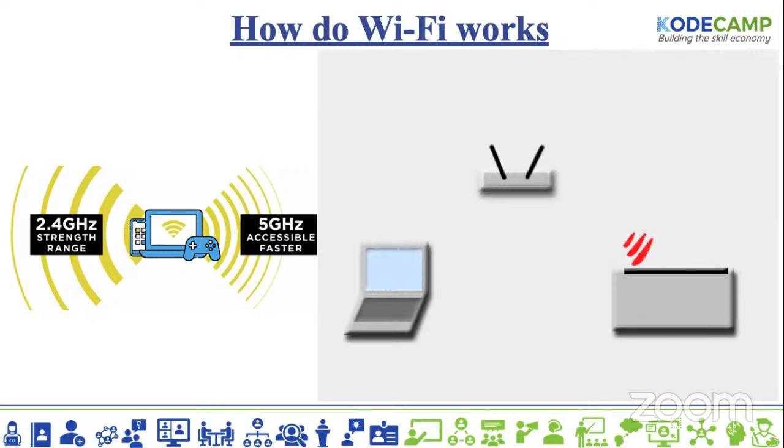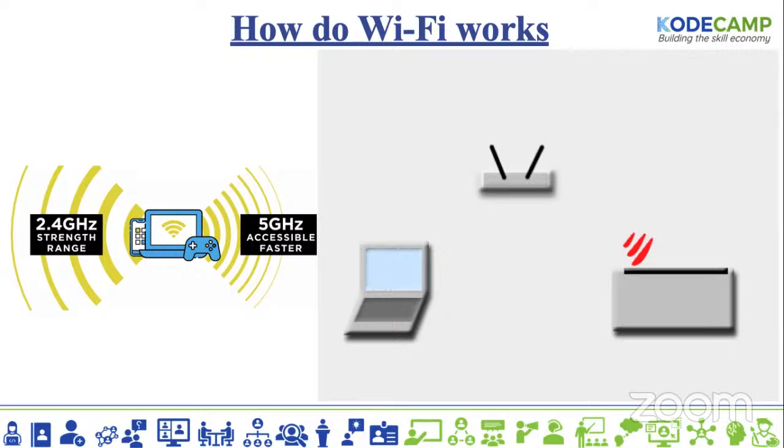Now, it basically has two radio wave frequencies which can be used, depending on the amount of data that is being sent and received.